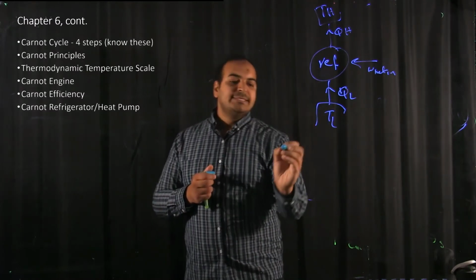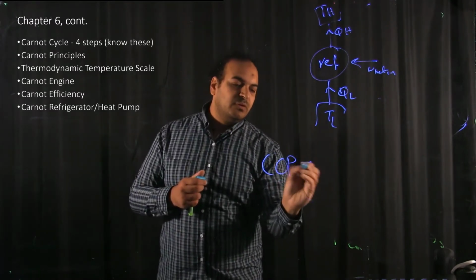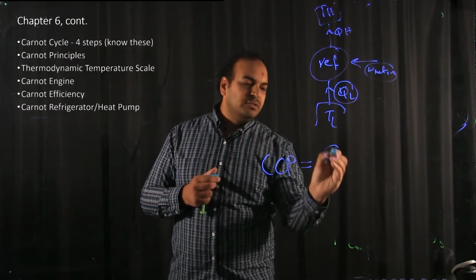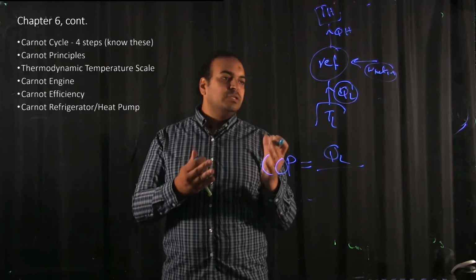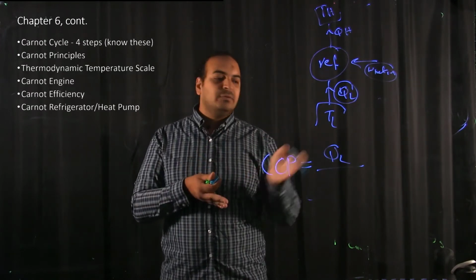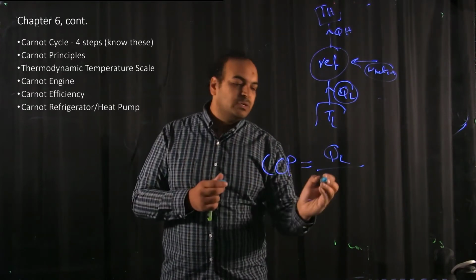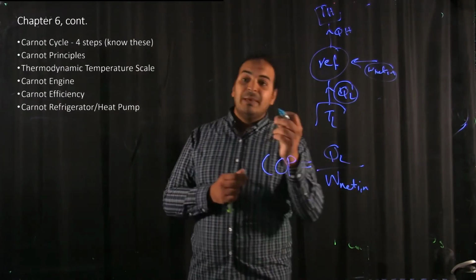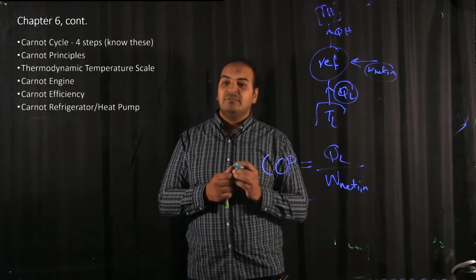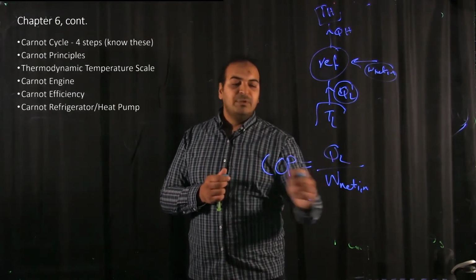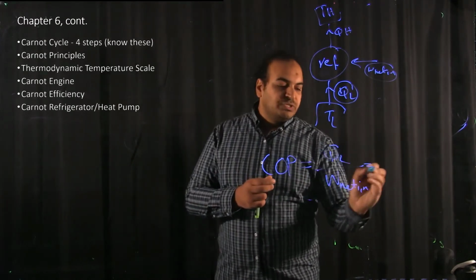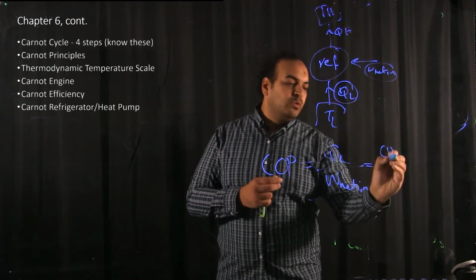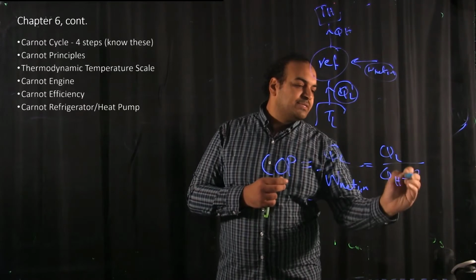In this cycle, COP, as we discussed before, is output over input. What I want is Q low. I want everything in the refrigerator to be cooled down. This is Q low, my output. I pay electricity. Every month you pay an electrical bill. That's what you pay for. So Q low over W net in, where W net is Q high minus Q low. So Q low over Q high minus Q low.